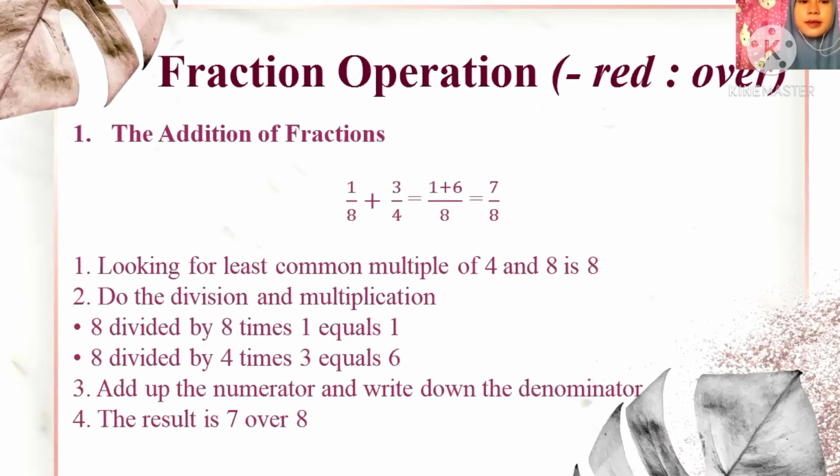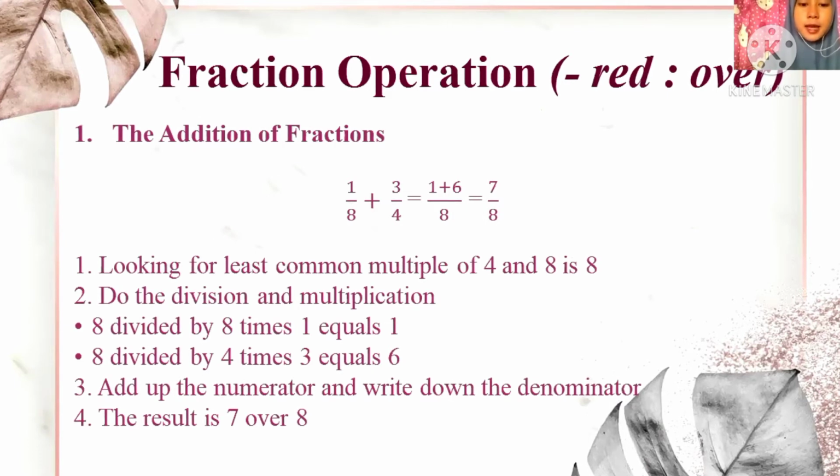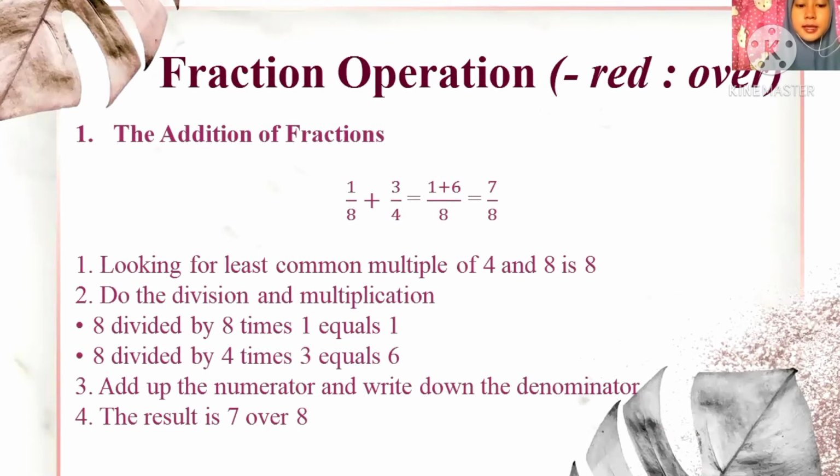Second, do the division and multiplication. 8 divided by 8 times 1 equals 1. 8 divided by 4 times 3 equals 6. Add up the numerators and write down the denominator. The result is 7 over 8.